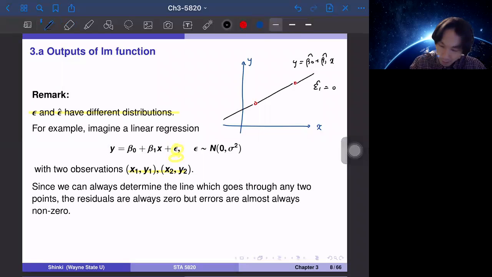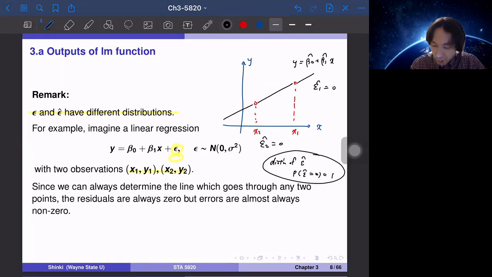This is x1, this is x2, and also epsilon 2 hat is equal to 0. So if we have two parameters and two observations, then the probability that epsilon hat is equal to 0 is equal to 1.